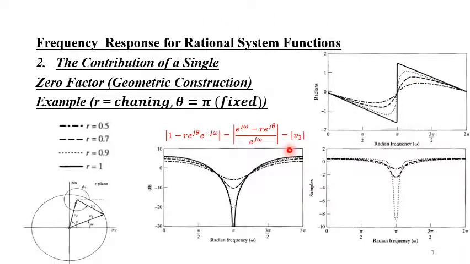So let's come to the third graph, which is about the group delay. Since the group delay is the negative of the slope of the phase, the group delay is negative around omega equals theta, that is here, and it dips sharply as r approaches 1, becoming an impulse.